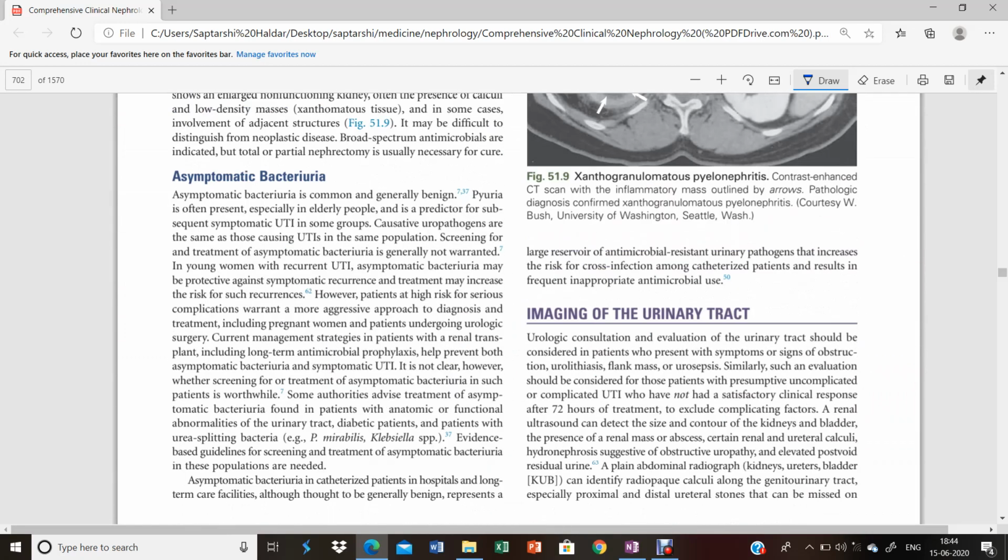Let's discuss asymptomatic bacteriuria. What is asymptomatic bacteriuria? The definition is the presence of bacteria at 10 to the 5 colony forming units per ml, which should include one pathogen, and the patient has no symptoms.